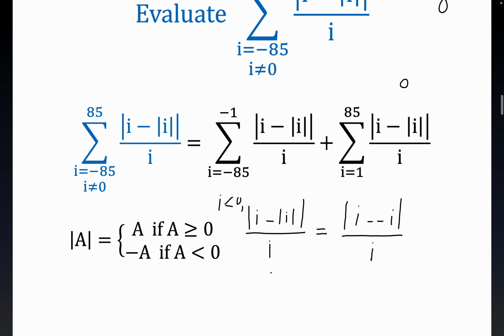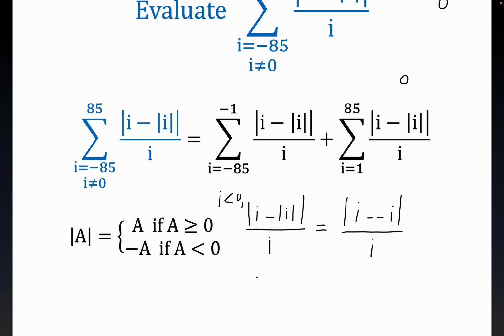Okay, now, so this would be equal to the absolute value of 2i, and we still have that all over i. And of course, nothing happened other than just saying i minus a negative i is 2i. Okay, but notice that 2i is still less than 0, right?